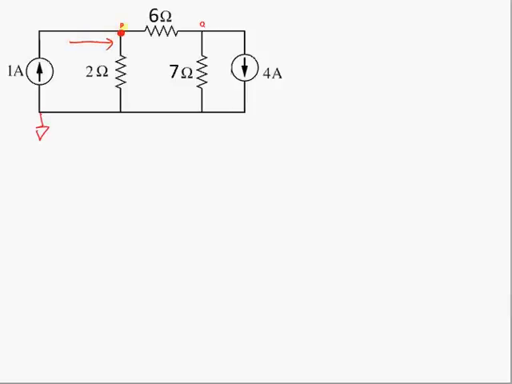At node P, the current coming in is equal to the current going out. The current coming into the node is 1 amp. The current going out is equal to Vp minus Vq divided by 6 plus Vp divided by 2.